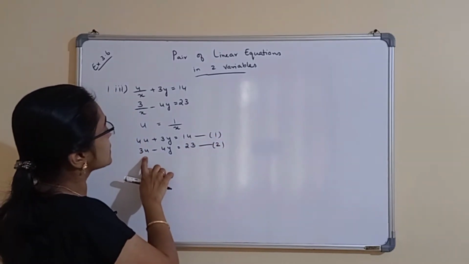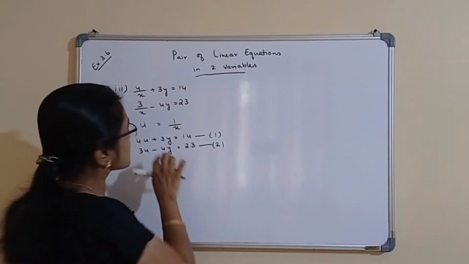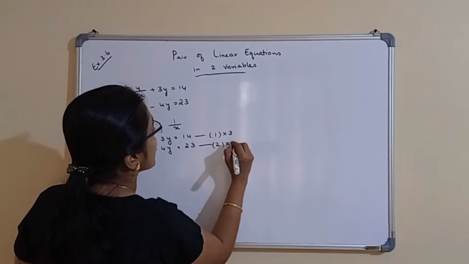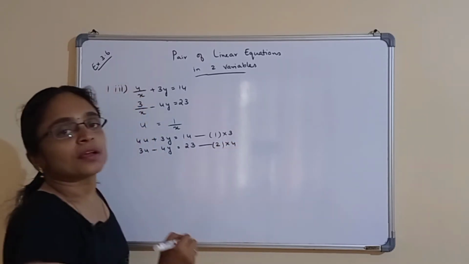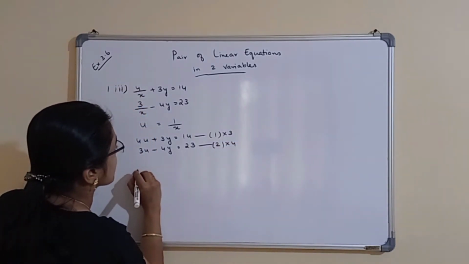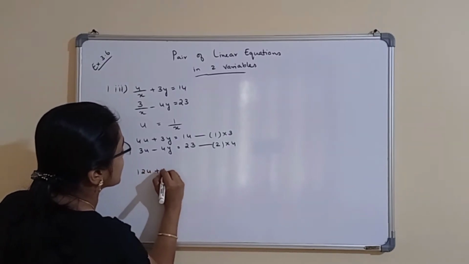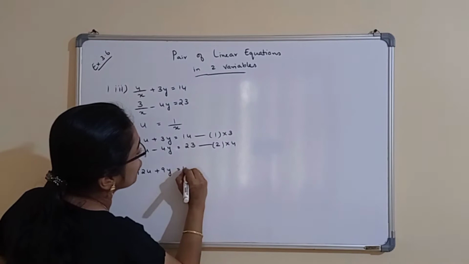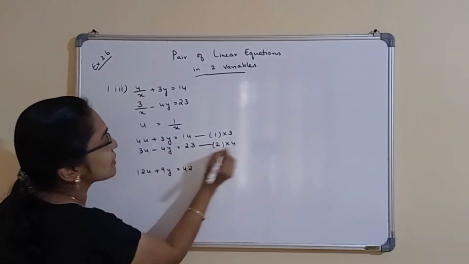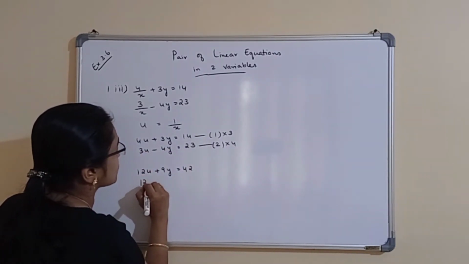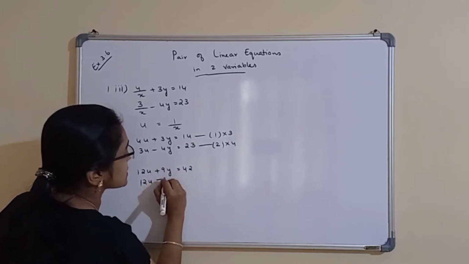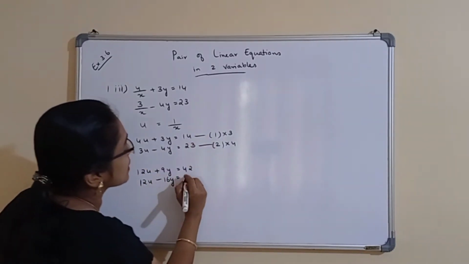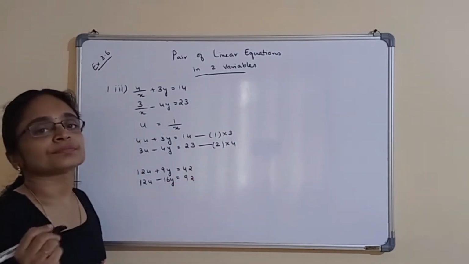Now it is easy to solve this by the elimination method, I think. So multiply this by 3 and multiply this by 4. We will get 12u plus 9y is equal to 3 into 14, which is 42, and when we multiply this by 4 we will get 12u minus 16y is equal to 23 into 4, which is 92.